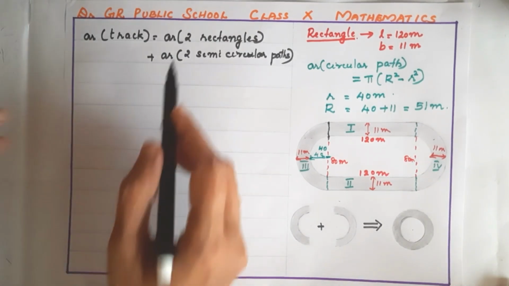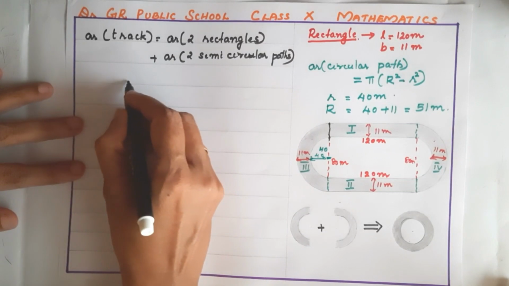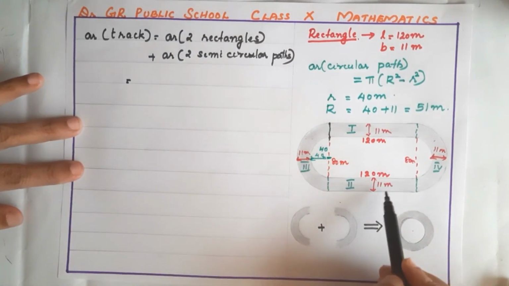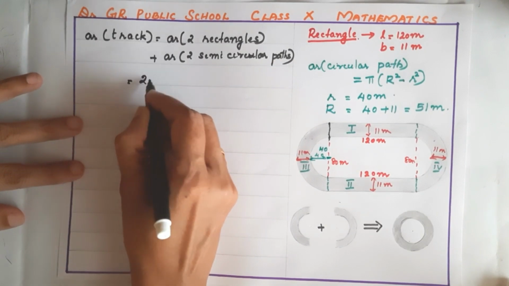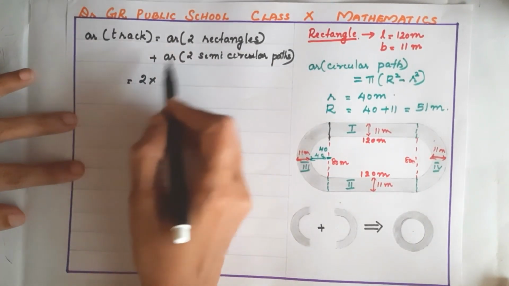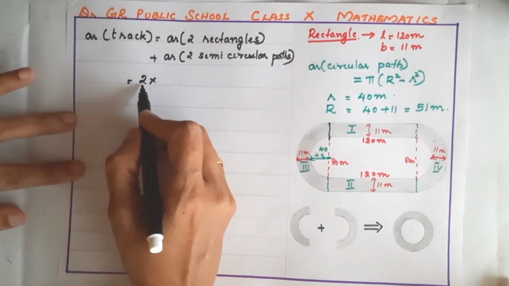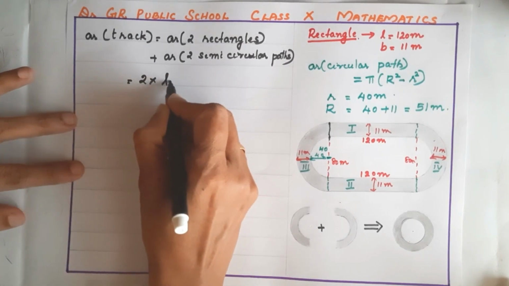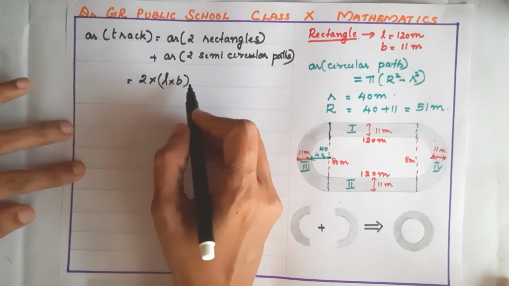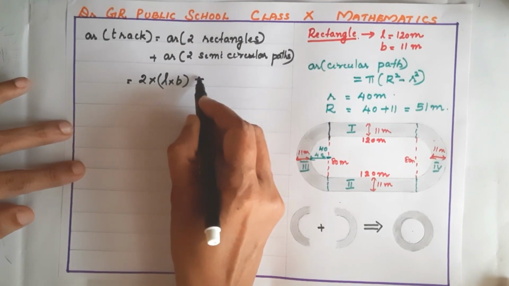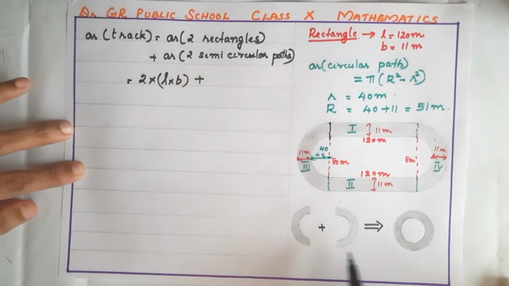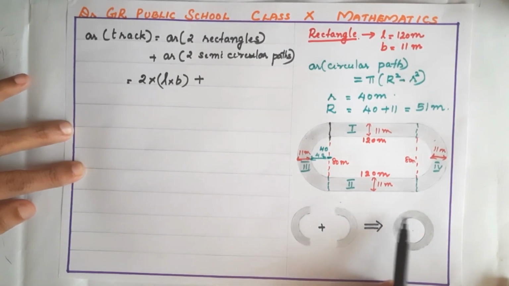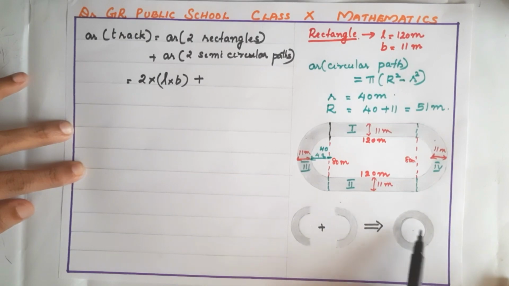Okay. Area of two rectangles. That means both are having same measurements for these rectangles. So 2 into area of one rectangle. Area of two rectangles is 2 into area of one rectangle. That is L into B. Plus area of two semicircular paths. Here we have seen area of two semicircular paths is area of one circular ring.